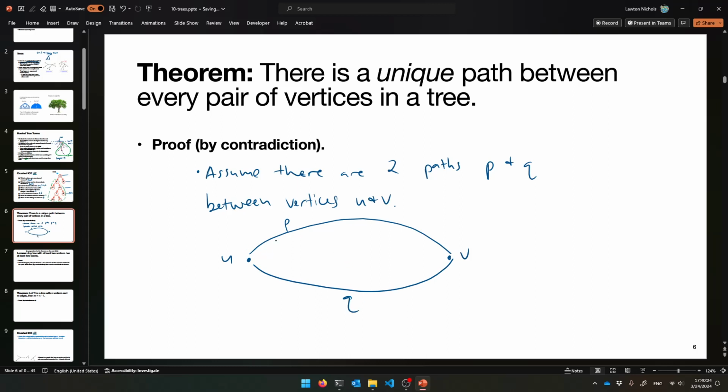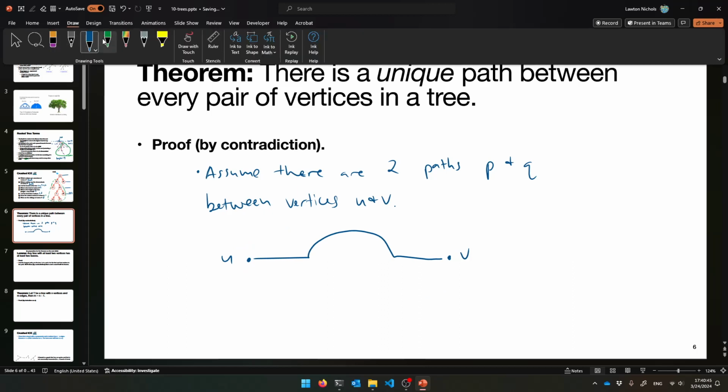But do you see how if they worked like this, you can go this way, then this way, you've made a cycle? That's not okay. Eventually they have to meet up, even if it's at U and V. Maybe path P looks like this. There's a place where they differ, and then there's a place where they share.